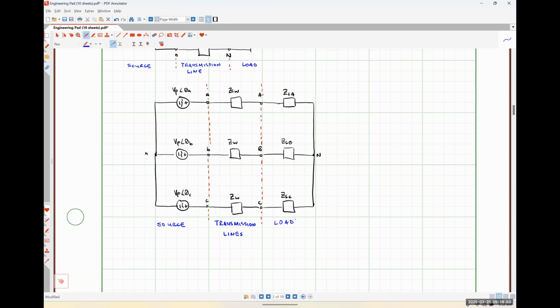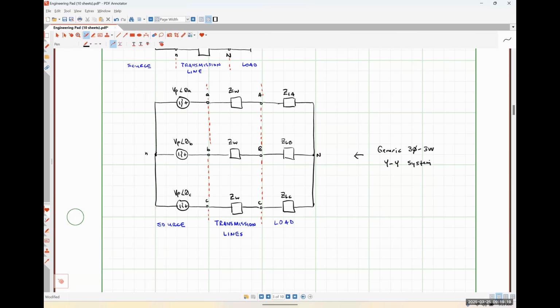So let me just make a note here. This is a generic three-phase, three-wire YY system. So three phases because I have three different voltage sources, each having a different phase angle.